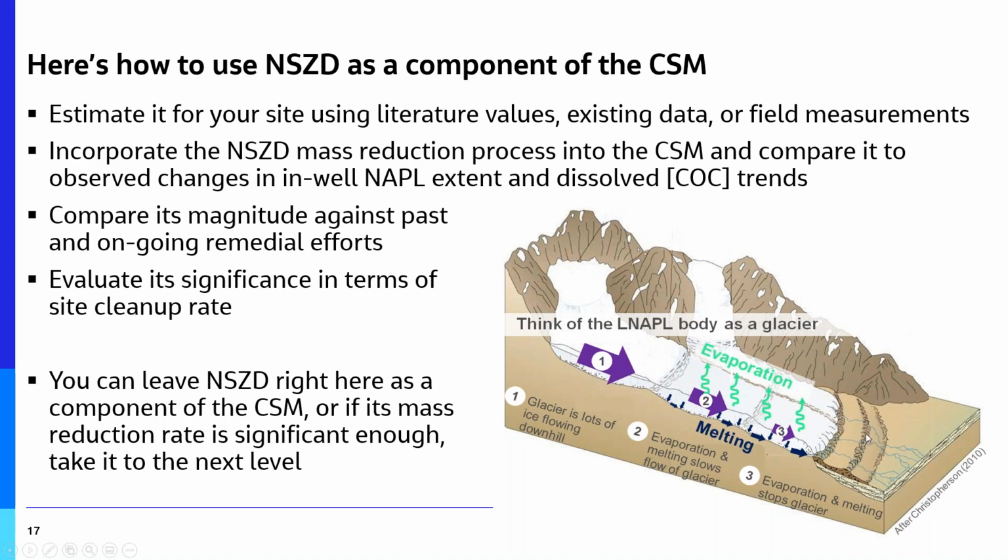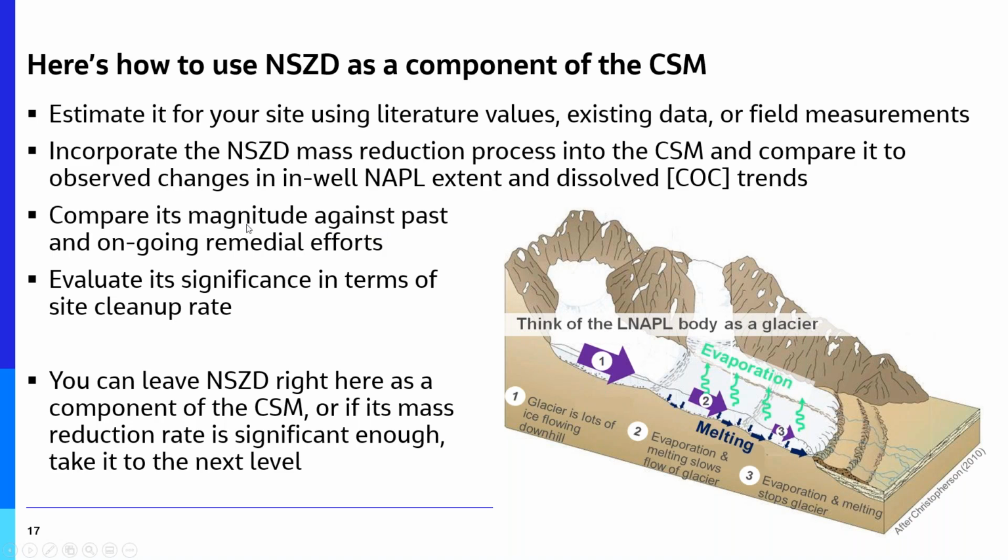So let's say hypothetically you were to install a well into this terminal area where the glacier, or your NAPL body, was. You'll see stained soils, but you won't get NAPL into your monitoring wells. It just shows that the NSZD processes have reduced the saturation to the point where it's residual and benign, essentially stained soils at this point.